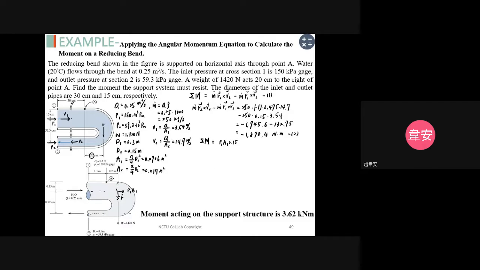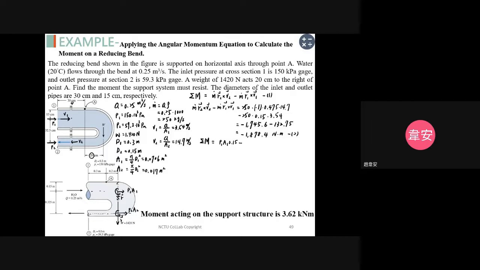Because this is a moment, when you cross R with the pressure force, it is a positive moment. And for the second pressure, we have P2, A2, and also this R vector. Using the R vector crossed with pressure force 2 is also a positive moment.